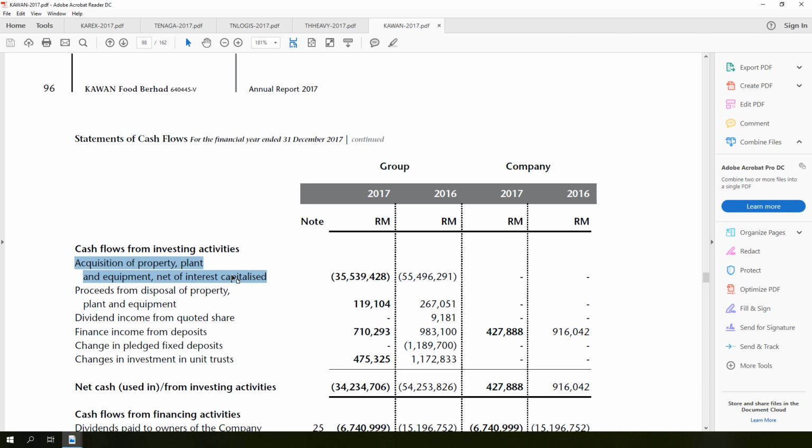What should you do in this case? You should open and read each previous year's annual reports. Did they ever disclose capitalized interest? As a matter of fact, the last time Kawan disclosed capitalized interest was in 2015. In this case, we can safely assume there was no capitalized interest in 2017.